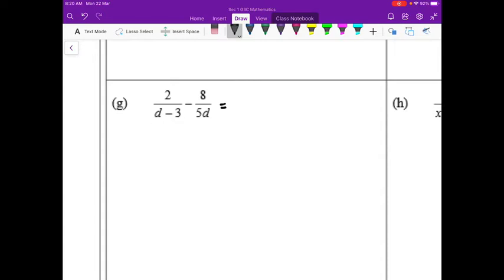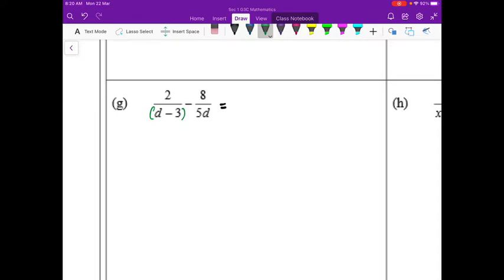You have to see this d minus 3 as in a bracket, d minus 3. This is not d times negative 3, it is d minus 3, so it belongs in one set. So in this case, there are no common factors.